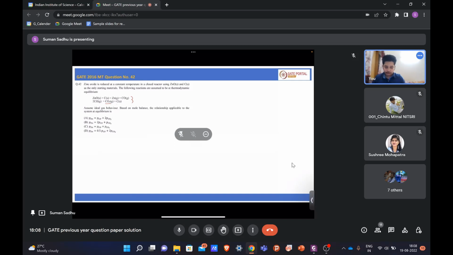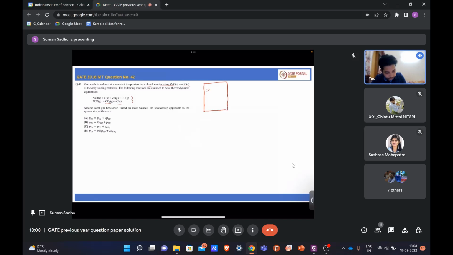So now let's solve this question. What is first given is that in a closed reactor, only ZnO and carbon were the starting materials. So let's say this is a closed reactor.